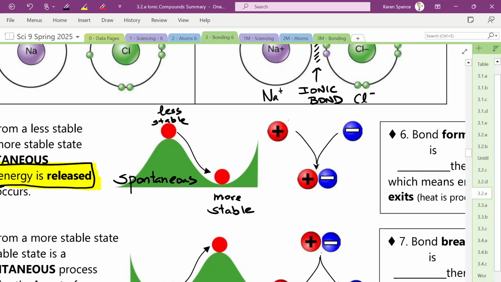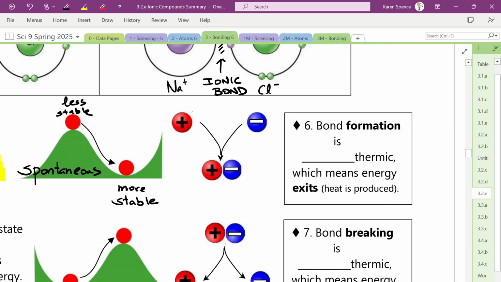So bond formation is spontaneous. This is bond formation. And if energy is coming out, we have a word for that. Again, this is an enriched word. We call it exothermic.